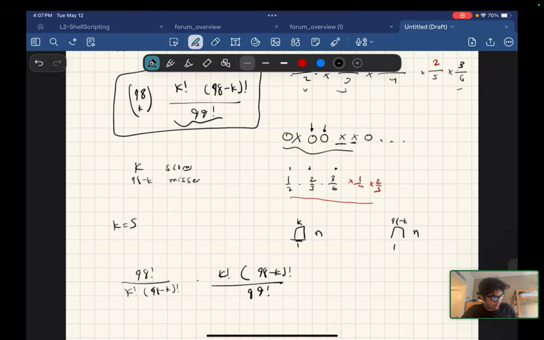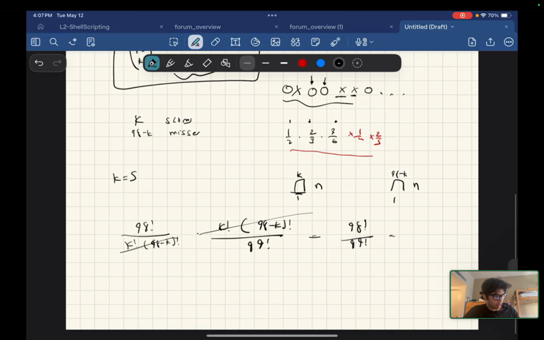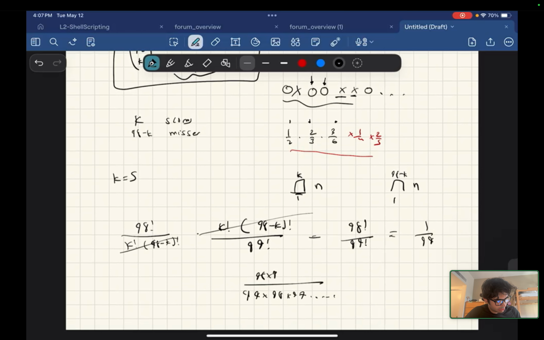And so if you notice, these cancel out, and we're left with 98 factorial over 99 factorial. That's the same as saying 1 over 99, because all the other terms cancel out, right? 99 factorial is 99 times 98 times 97, and on top it's 98 times 97, so all these cancel.